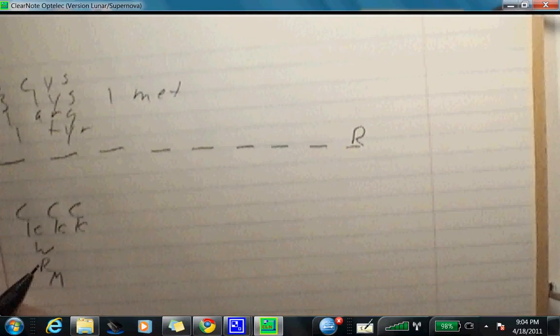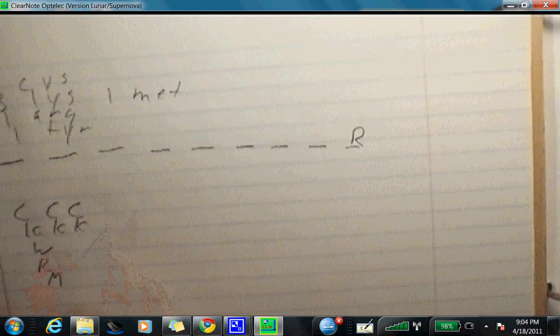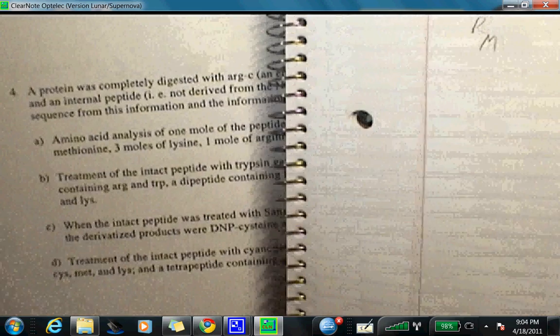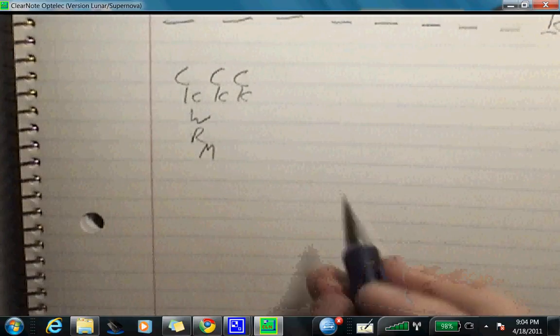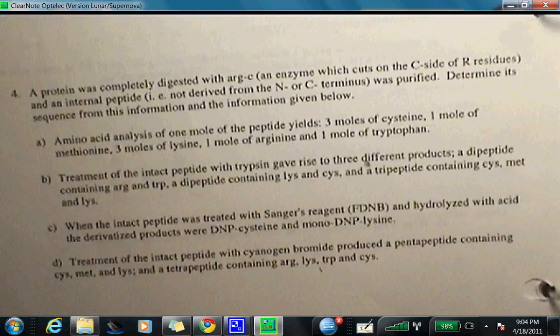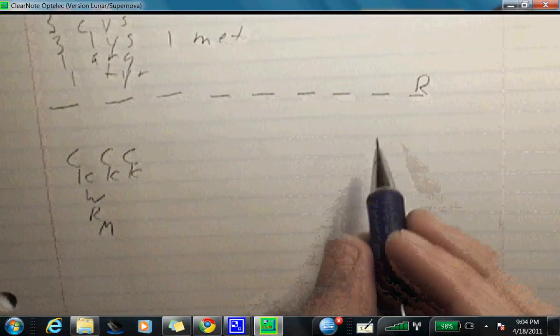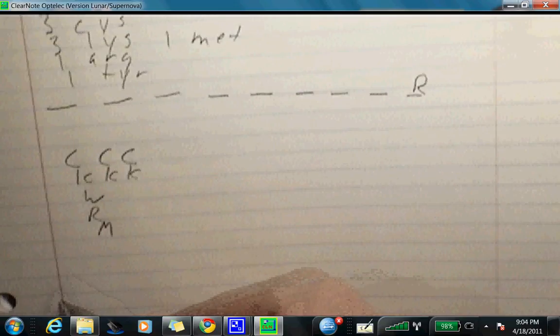And that's from the first part, without even getting to part A. Part A tells us about this, which is good information. Part B says treatment of the intact peptide with trypsin. So trypsin cuts after any R's or K's.